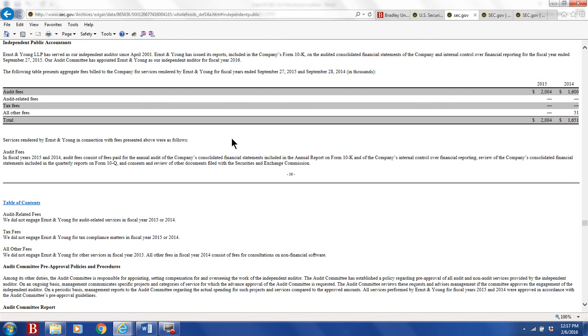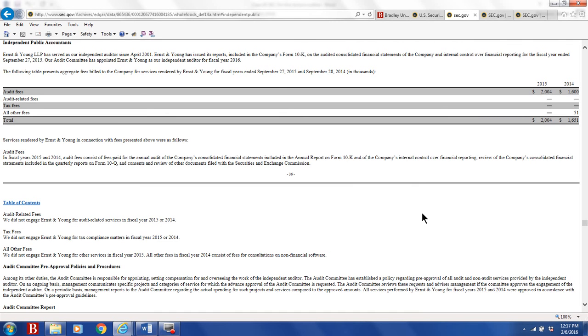Since Whole Foods is a public company, I could explain more about this in class, but the government laws have restrictions on the kinds of things that auditors can do. And so if an accounting firm is auditing financial statements, there is a limited amount of work that they can do in other areas so that investors know how much other work the independent auditor is doing.